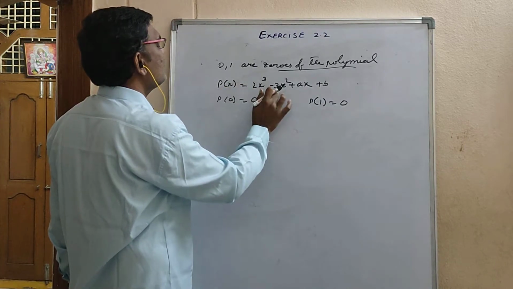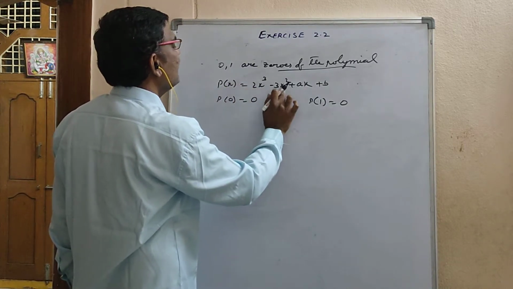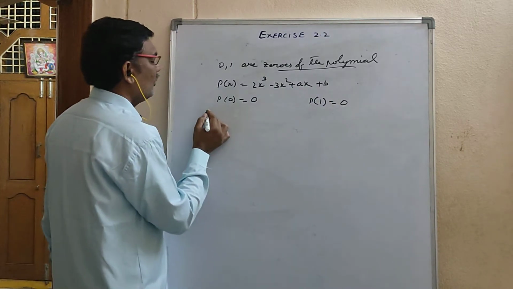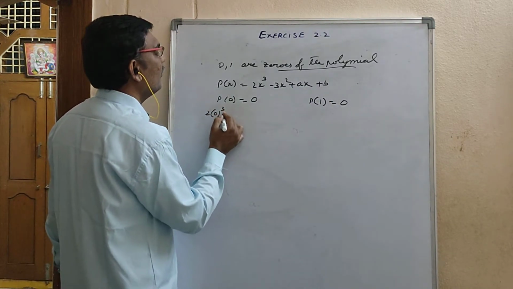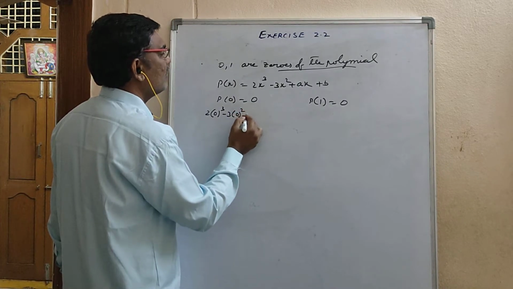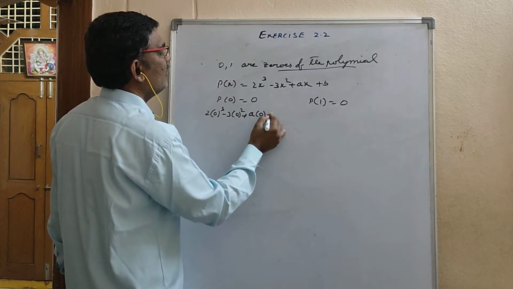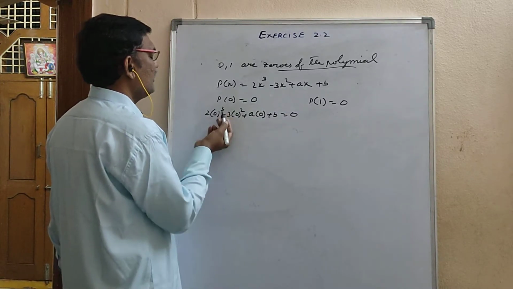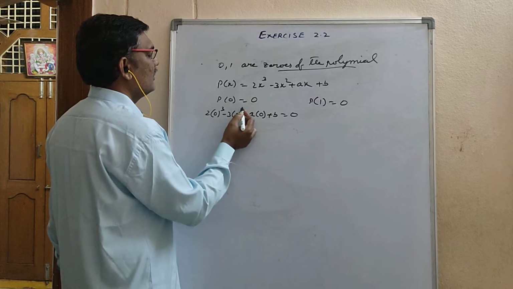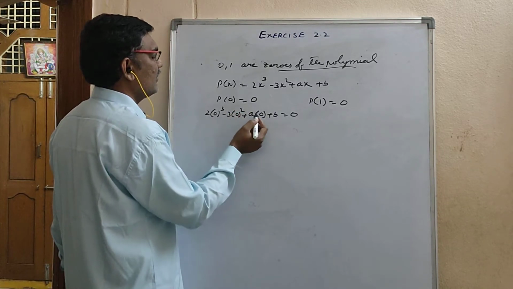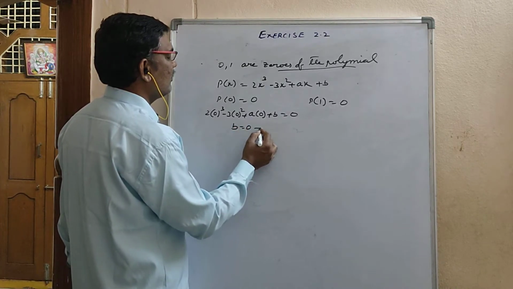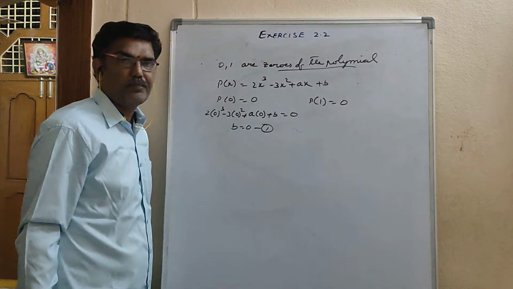P of x means this much; P of 0 means wherever x is there you have to write 0. 2 into 0 cube, minus 3 into 0 square, plus a into 0, plus b is equal to 0. See, 0 cube is 0, 0 into 2 is 0, 0 square is 0, 0 into 3 is 0, 0 into a is also 0. So at last you got b is equal to 0. It is equation number 1.